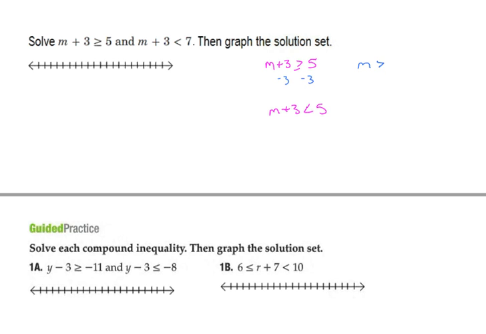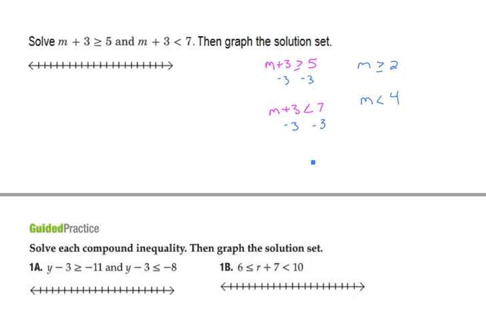We know n is greater than or equal to 2. Whoops, it should be a 7. And n is less than 4. Since that is an "and" statement, remember we're going to have to combine these two together.